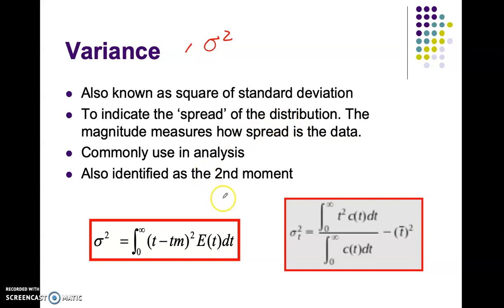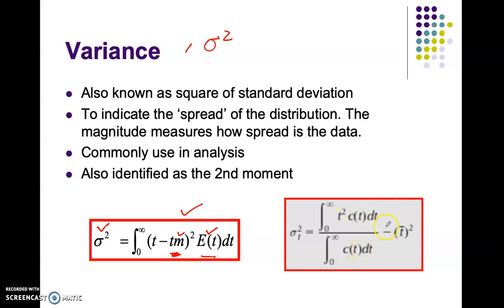Just now you determined your tm residence time and you determined E(t). So it is like a sequence: you need to first determine E(t) and then tm, and only then can you determine your variance. Similarly for the one in your book.